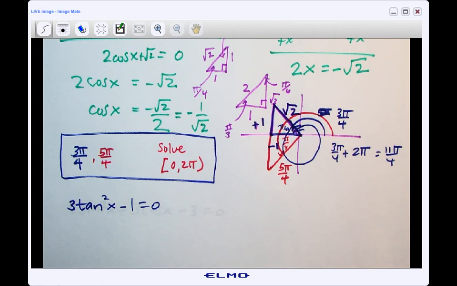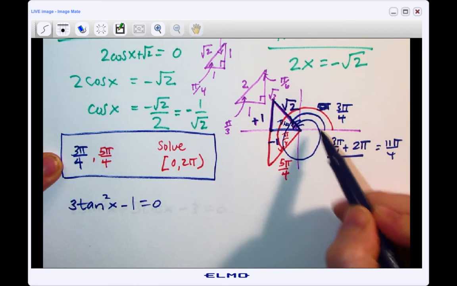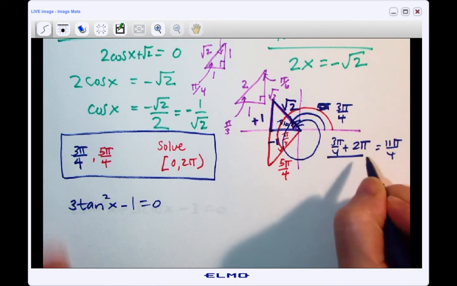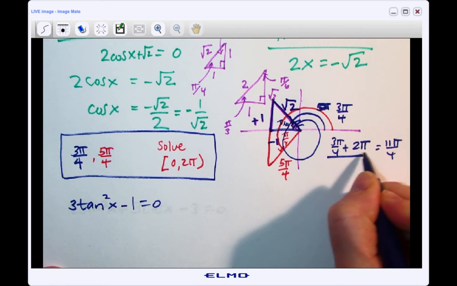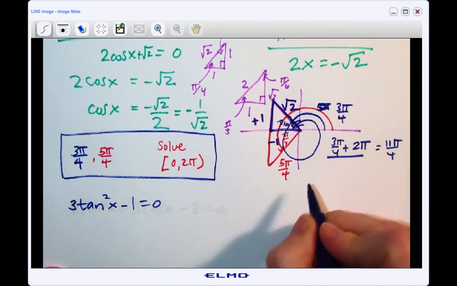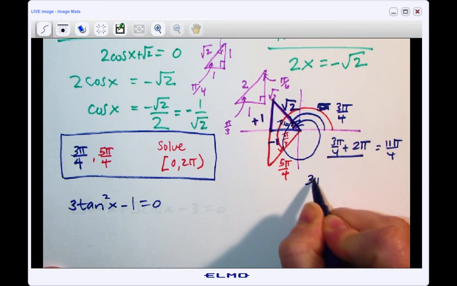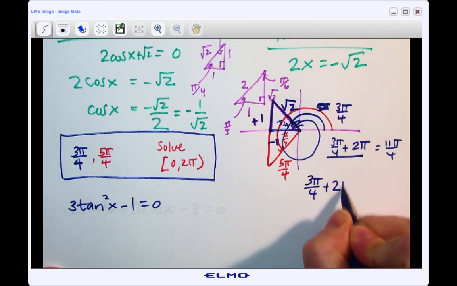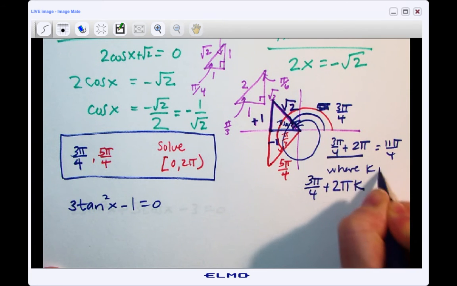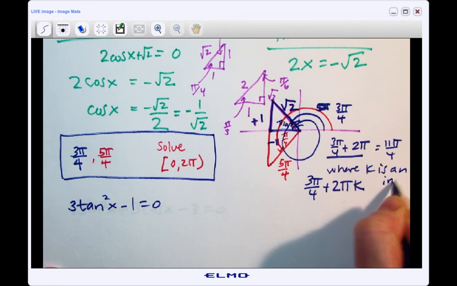It's not really an equation, all right? So if I spin around 2 pi, or another 2 pi, or another 2 pi, it doesn't matter how many times, I'm going to get back to that same place. So I'm going to call this one 3 pi over 4 plus 2 pi k, where k is an integer.